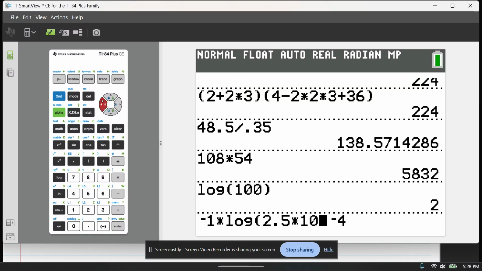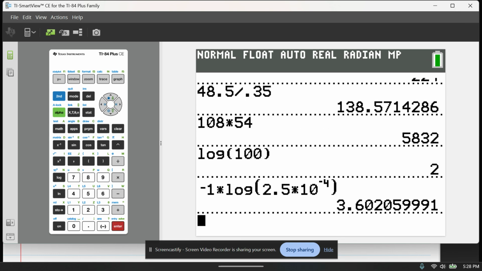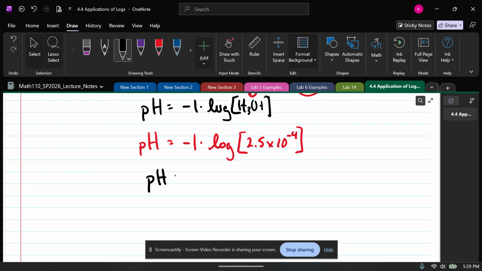Whoops, I didn't get my caret symbol. That's the one I want. And then -4 there. I'm just going to hit enter and get the decimal approximation for that. We're going to go 2 decimal places. 3.60 if we round that to 2 decimal places. So the pH is about 3.60.